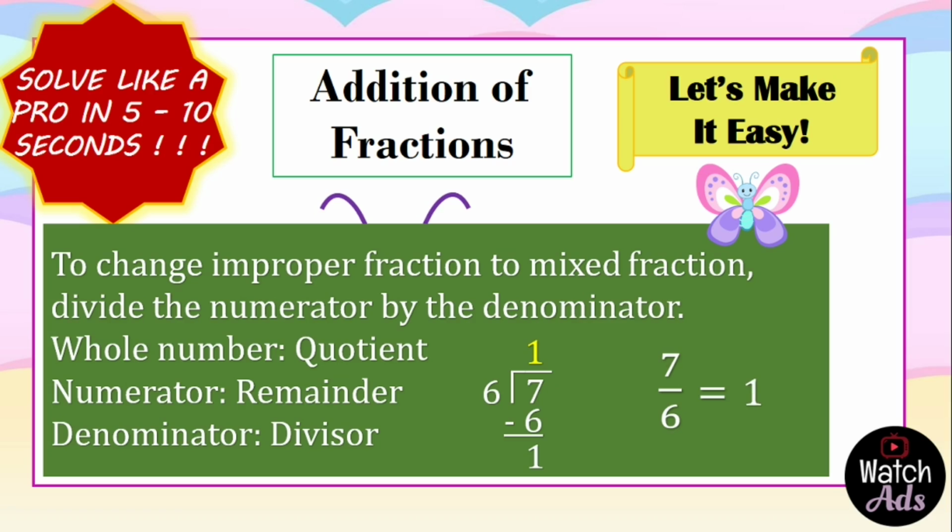That is our whole number. Next, the remainder will be our numerator. The remainder is 1. That will be our numerator. And the divisor will be our denominator. The divisor is 6. That will be our denominator. Now, our mixed fraction is 1 and 1/6.